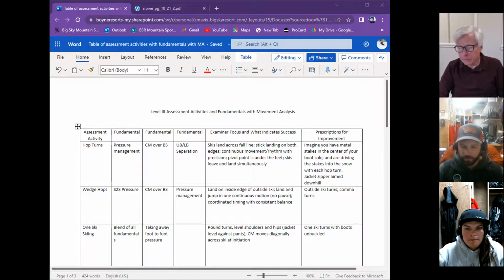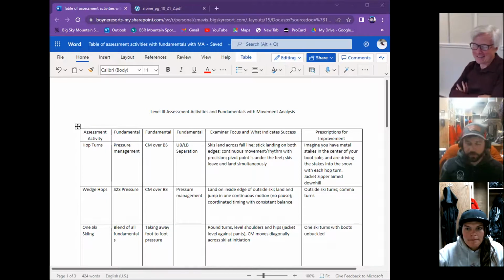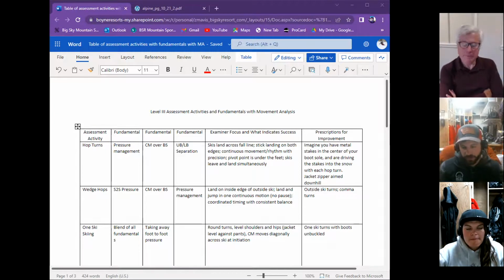One reason why I prefer them, and I may get some pushback on this, but I believe that they can show you a lot of the same skills that you can see in a regular hop turn without requiring the same level of athleticism. I feel like there's a strength, particularly around explosive strength and plyometric strength, in hop turns that doesn't necessarily show us the skillfulness of the candidate.